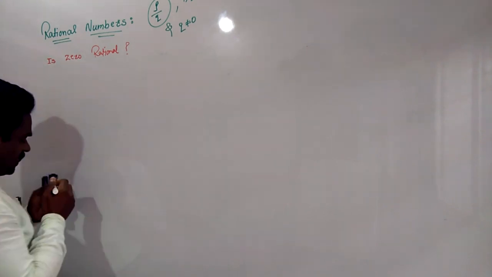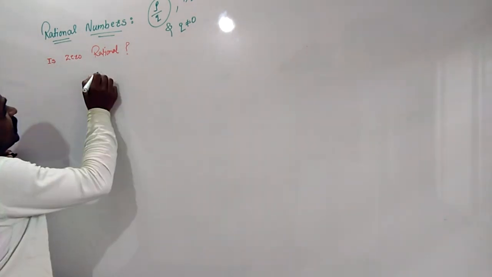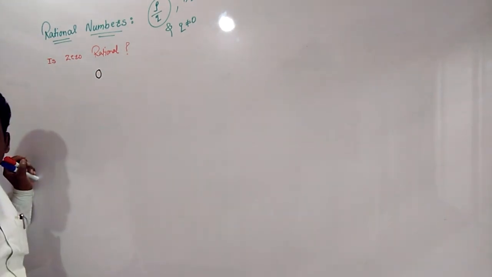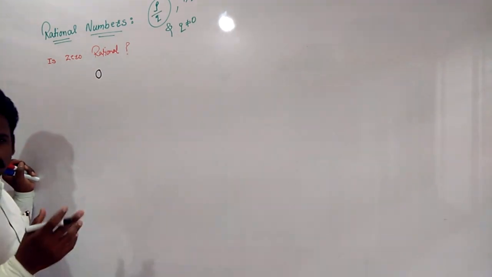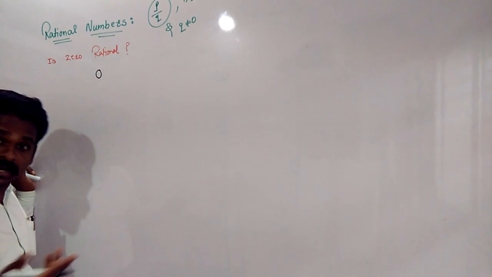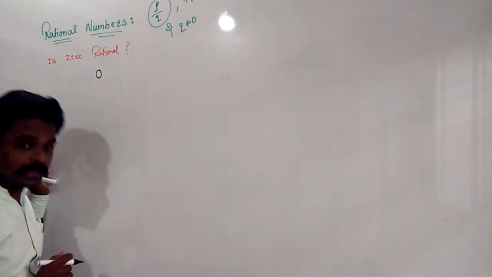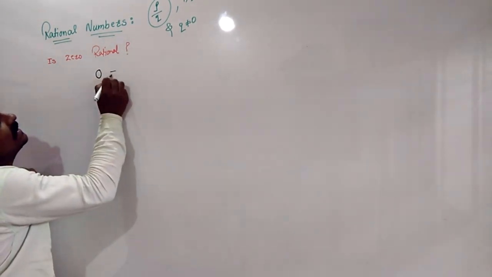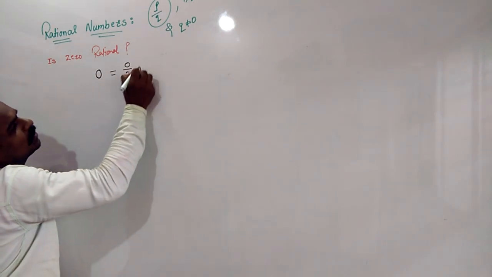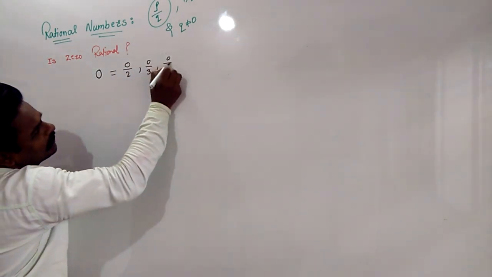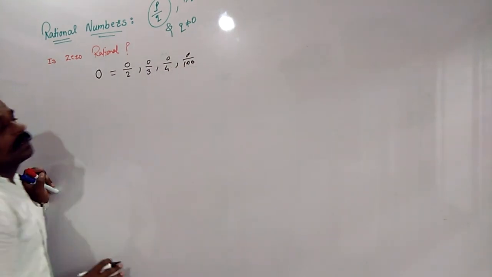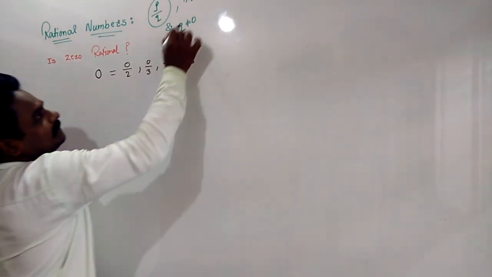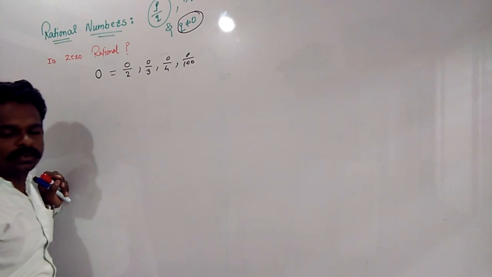So if we take this 0 here, can we write 0 in the form of p by q? Why can't we? We can. So how? 0 is equal to 0 by 2, 0 by 3, 0 by 4, 0 by 100, whatever, just excluding 0.